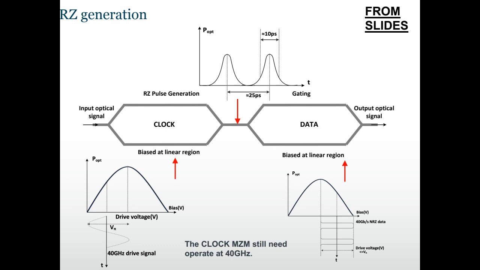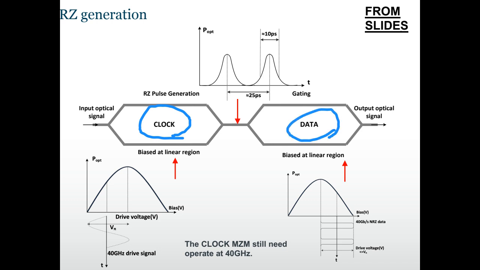So first of all, this is again some explanations, and in the end, your answer doesn't need to exceed the scope of the slides. So this is from the slides, but this is also some of the background. Essentially, to modulate return to zero, we need a clock signal, and we need data signal.